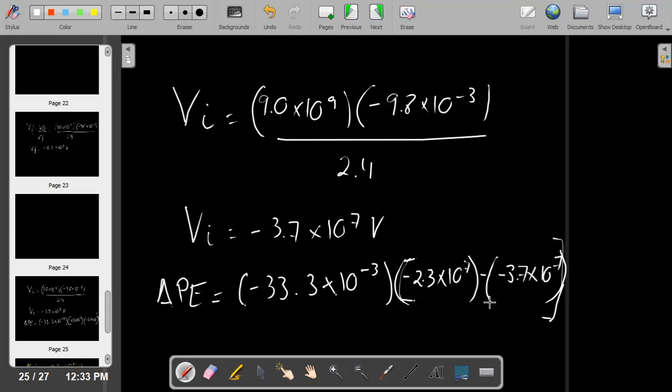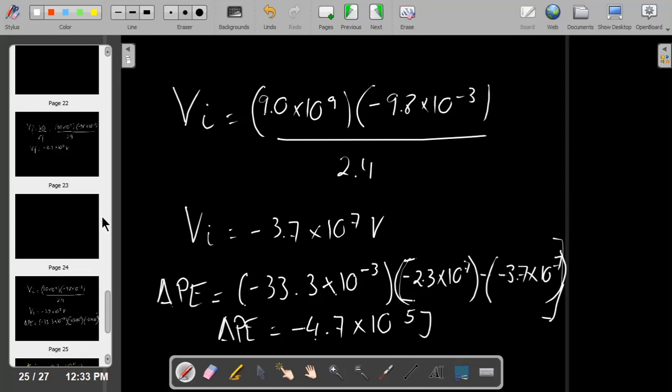You can also just do these separately if you want to. So that's my final electrical potential minus my initial potential. And I find that my difference in potential energy equals minus 4.7 times 10 to the 5 joules.